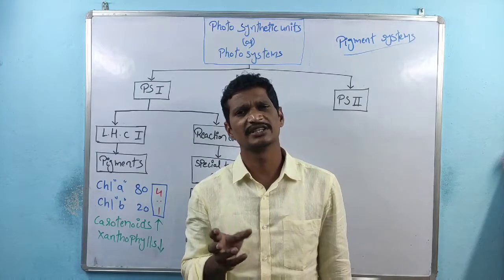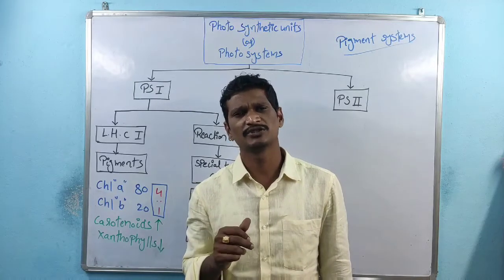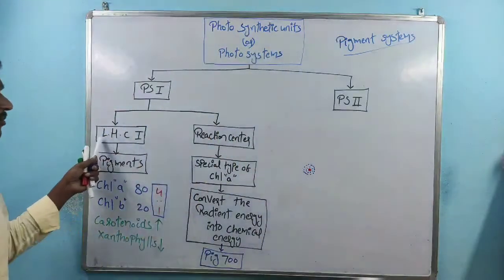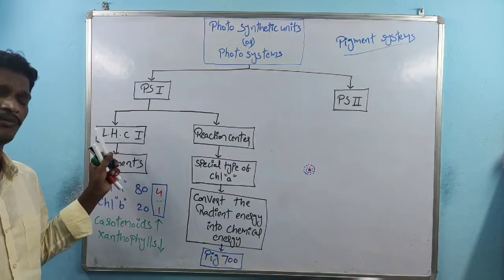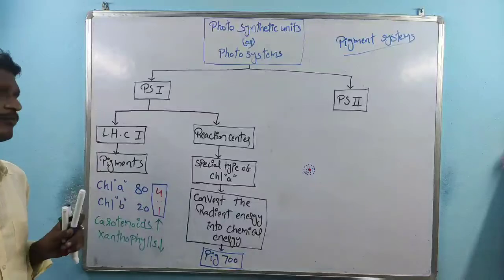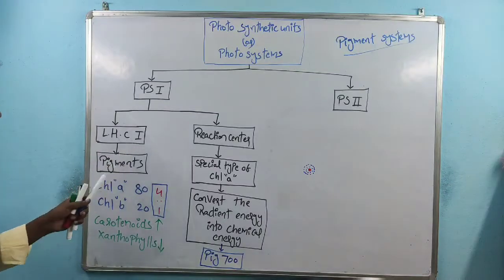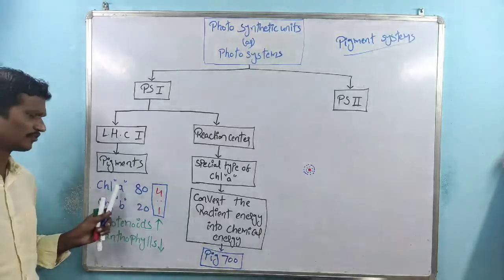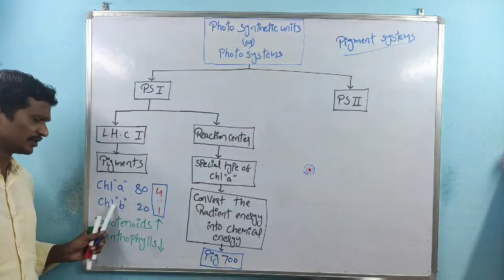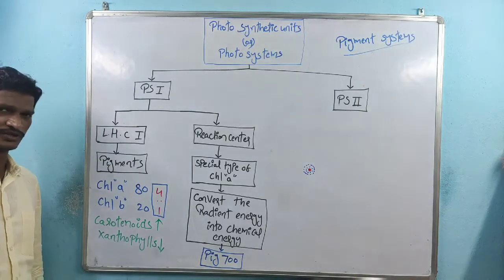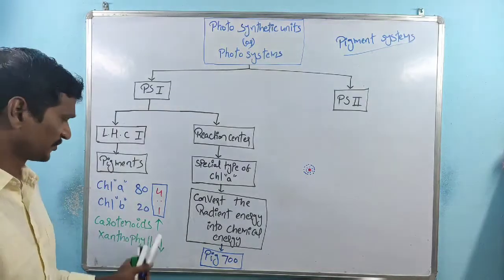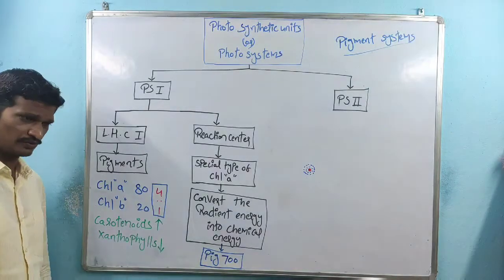Other than the reaction center, the remaining pigments are called light harvesting complexes, or antenna molecules. In LHC1, there are 80 chlorophyll A molecules and 20 chlorophyll B molecules, so the ratio is 4:1.